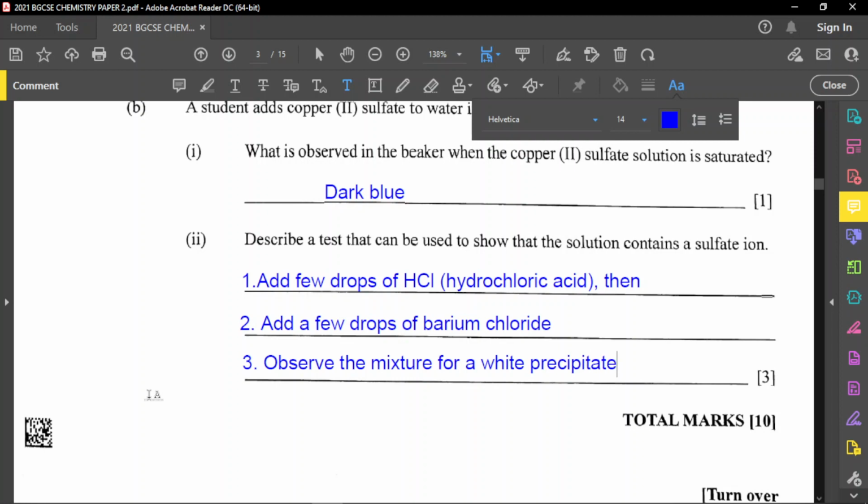The white precipitate is actually going to be barium sulfate, which is formed. It is insoluble in water, so it's going to be a white precipitate. All right, that's question 1 out of the way.